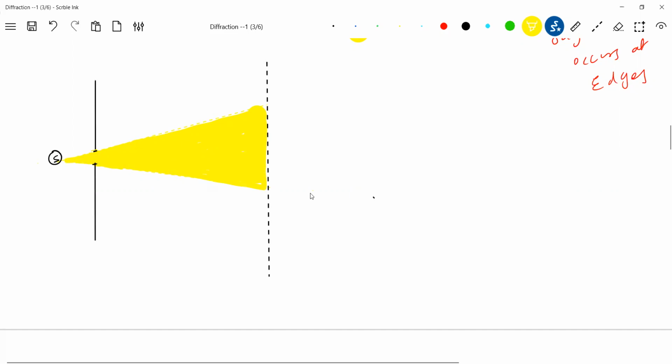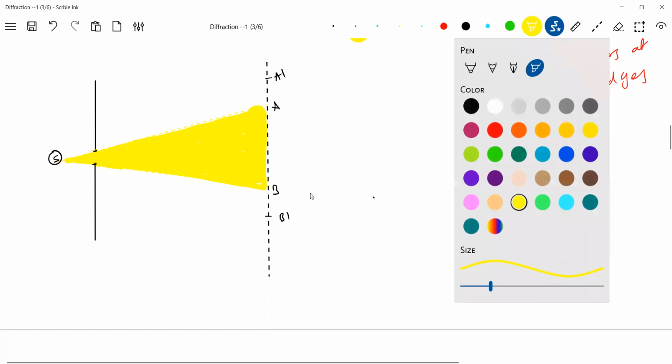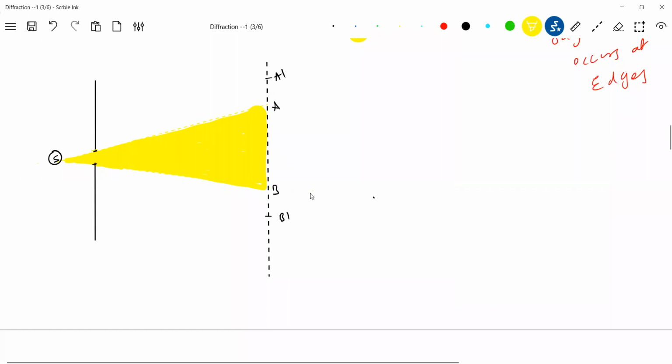But practically what happened? This light starts bending. So this is what we think: A, B, A dash, B dash. From here, complete dark. So here light starts encroaching into the other region also. Why? Because bending will occur there.